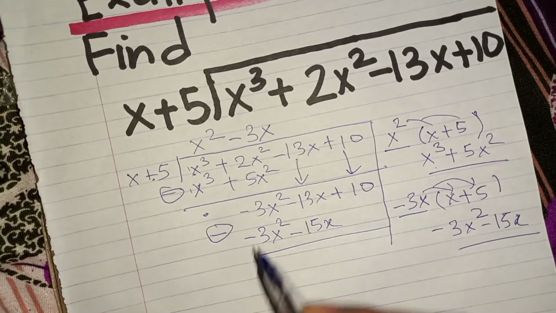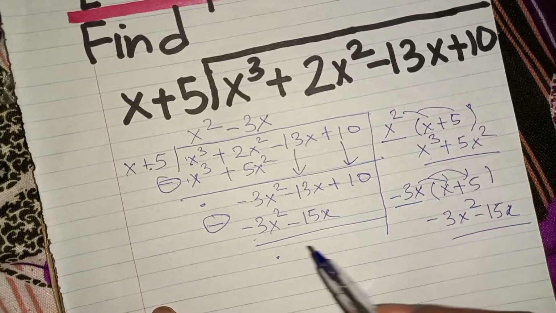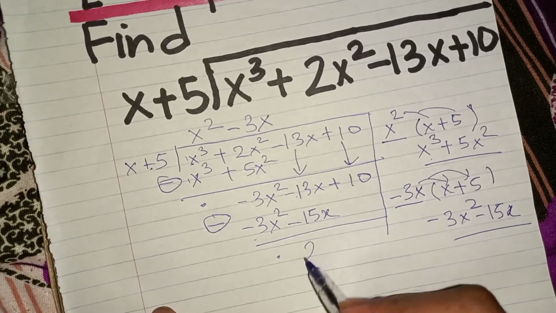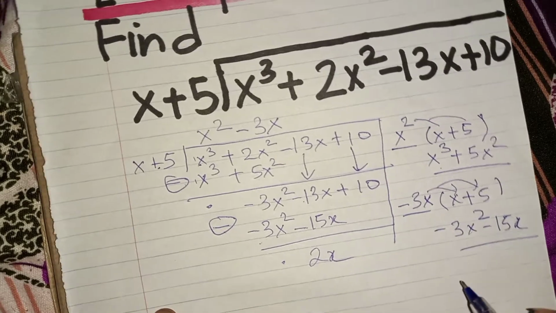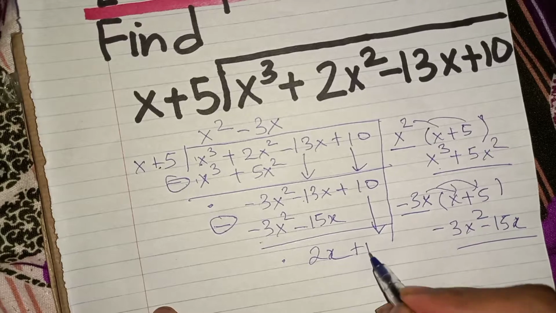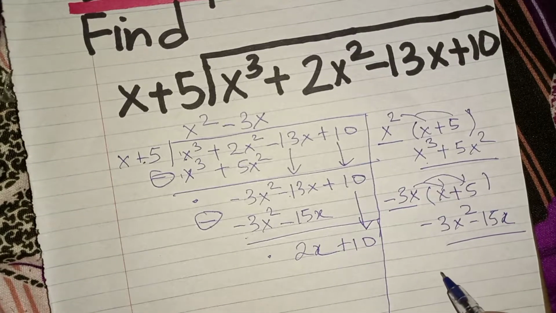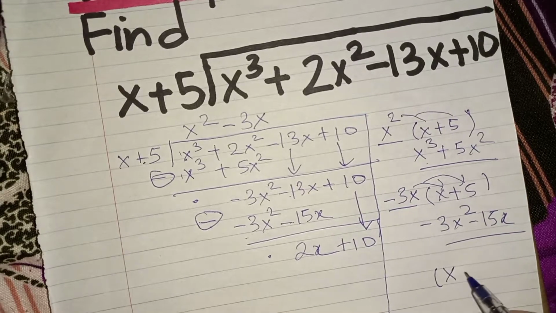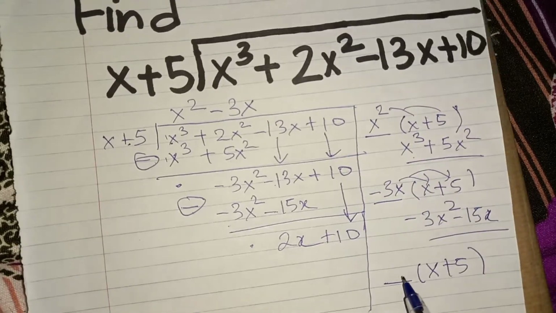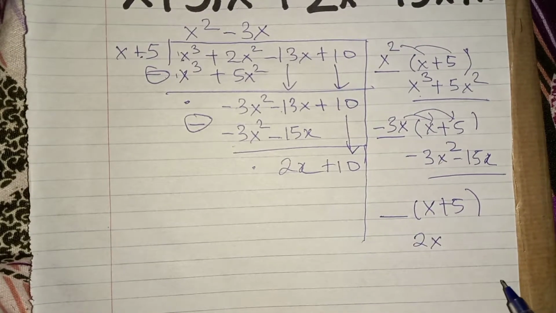You're going to subtract this again. So minus 3 minus minus 3, you get nothing here. Minus 13 minus minus 15 is 2x. This 10 is going to come down again, plus 10. Now you need 2x. So your factor is x plus 5. You need something here to multiply with x plus 5 to give you 2x.